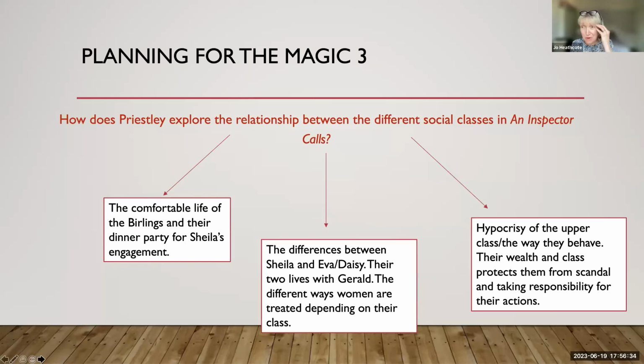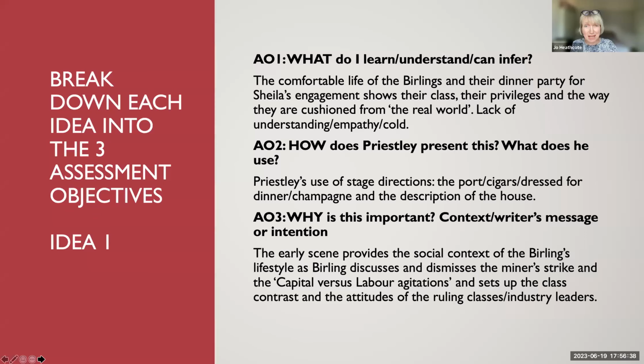Again, I always say this, keep thinking in 3s, keep thinking in the magic 3 the whole time. I could then break each one of those ideas down. I've taken the first idea here, this comfortable life of the Birlings. What do I understand by that? We've got this engagement. Here's this vacuous Sheila, oh, is this the ring you want me to have, Gerald, with a huge diamond on her finger?